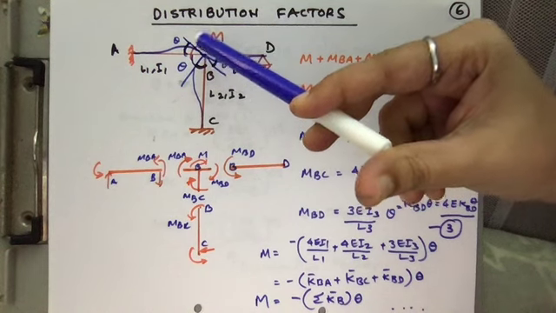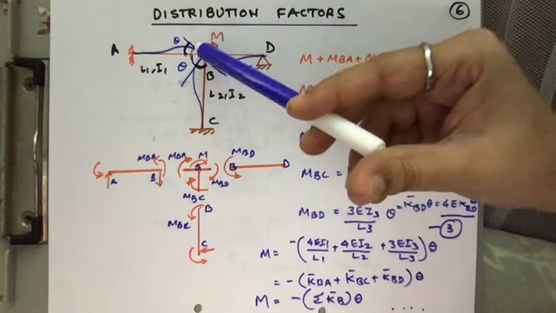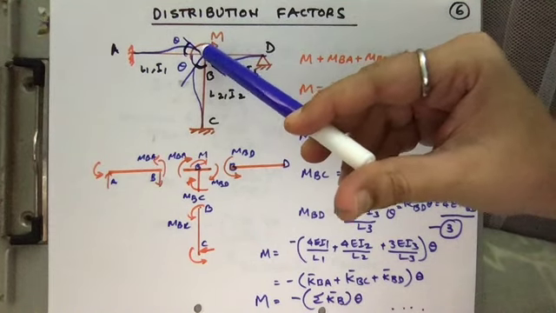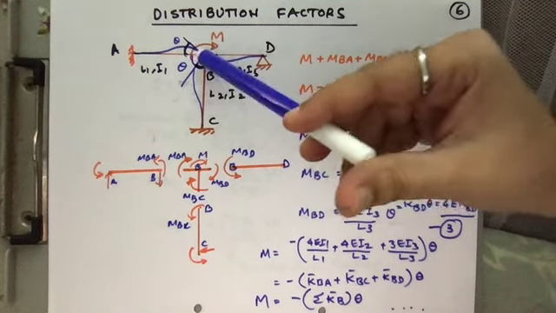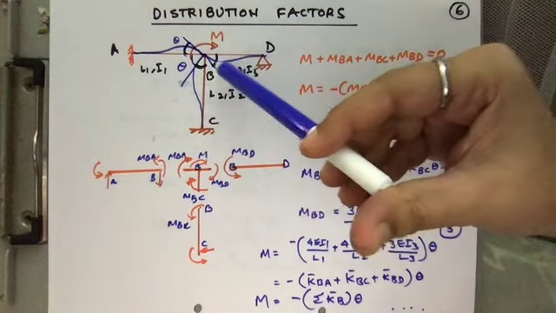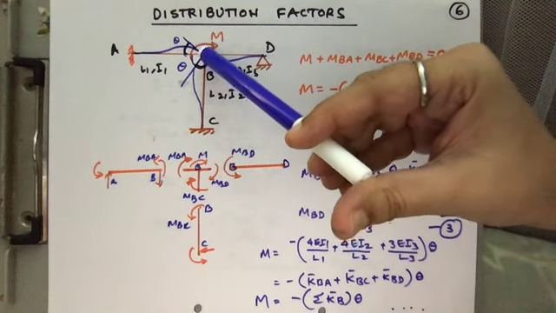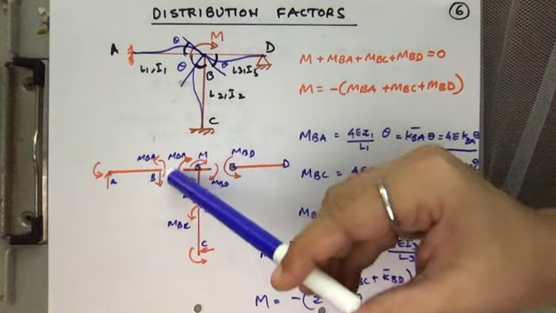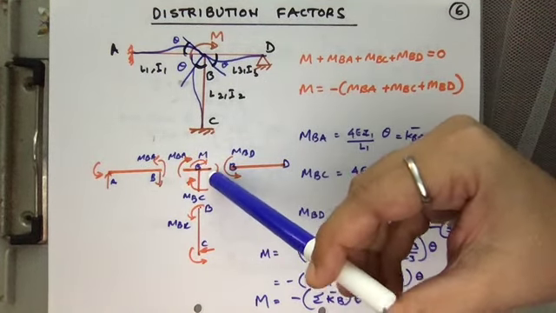The value of theta is uniquely defined over here. That means theta B for AB, theta B for CB, theta B for DB remain the same. It is not different. So we write simply the free body diagram of the joint equilibrium equation here.